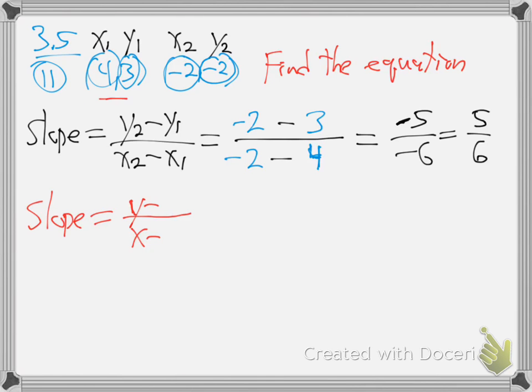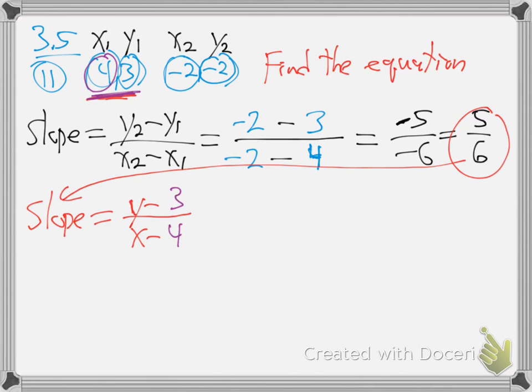So I'm probably just going to use the 4 and the 3 and put them in the back. And then the slope we found, the 5/6, that'll go over here. So put that in. Let's finish this one up. I'm going to take the 4 and the 3 and put them in the back. So the 4 is an x value, so that's going to go in the back of x. And the 3 is a y, goes in the back of y.